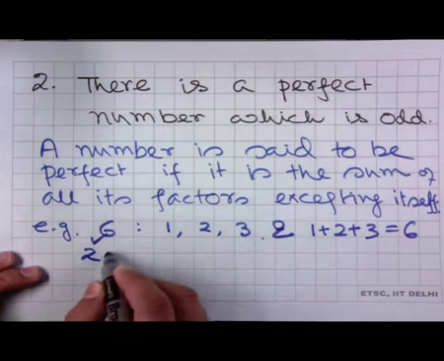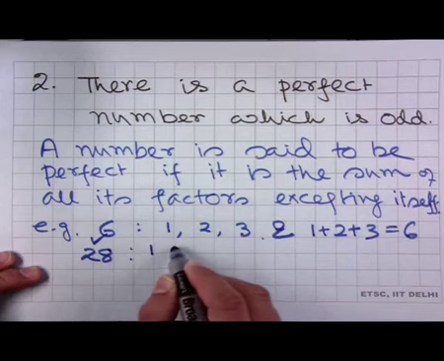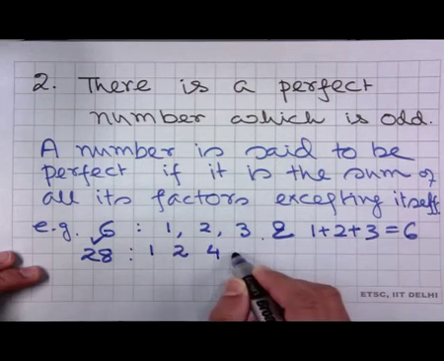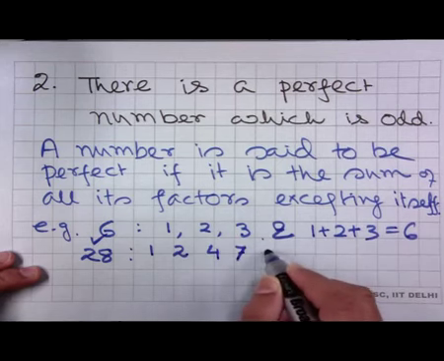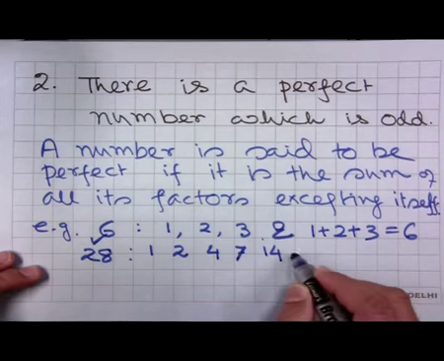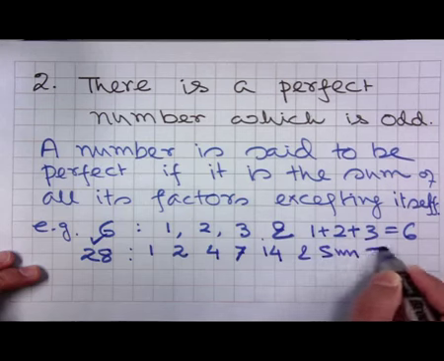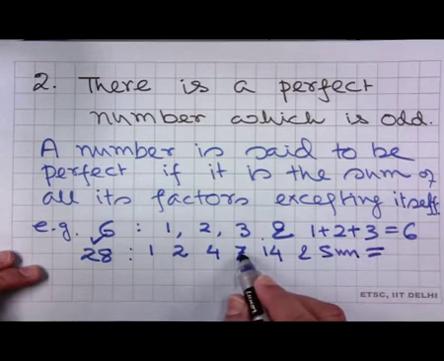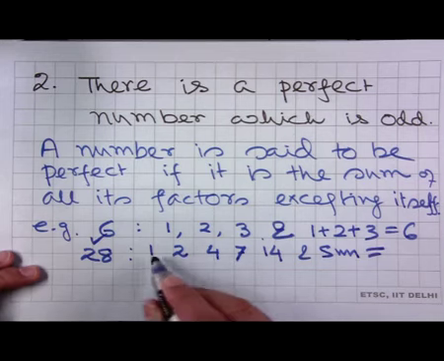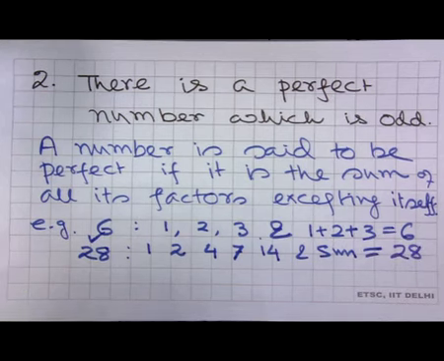Similarly, 28, its factors are 1, 2, 4, 7, 14, and their sum is 14 plus 7 is 21, 21 plus 4 is 25, 25 plus 2 is 27, plus 1 is equal to 28.